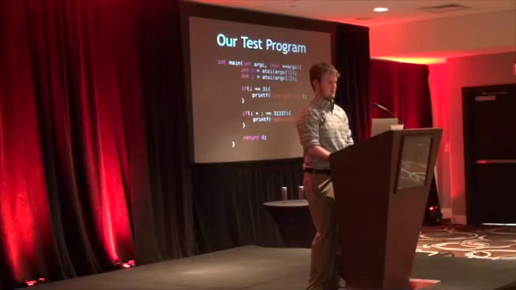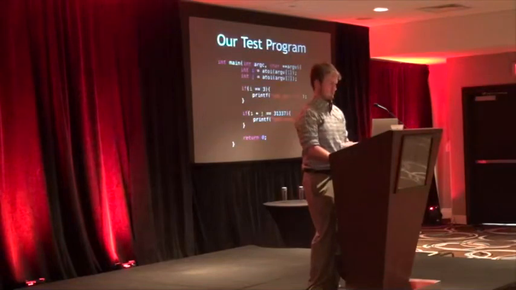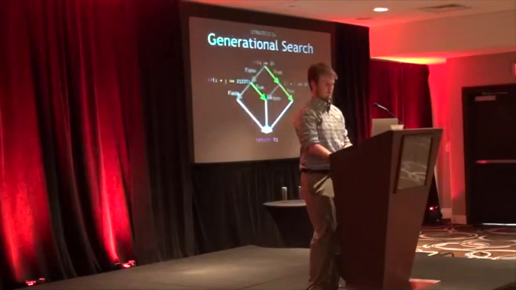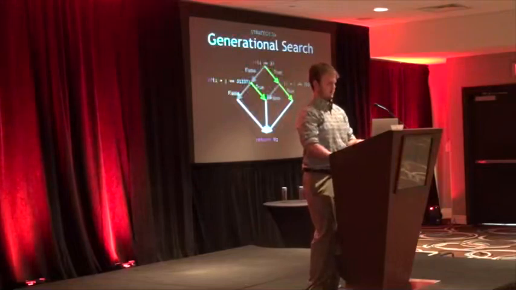So if we look at an example, the example of using this technique on our very simple test program, recall that this is the tree that we have for the pure symbolic strategy.